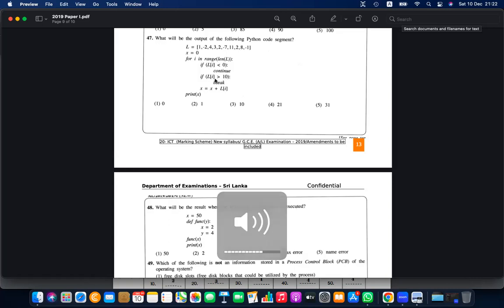Okay, so what will happen? If the element is a negative number, you continue. Continue means you skip that stage and go to the next stage. But if it is greater than 10, you exit from the loop. The exiting point is when it is 11 here. Otherwise, you're adding the list item to the current x.